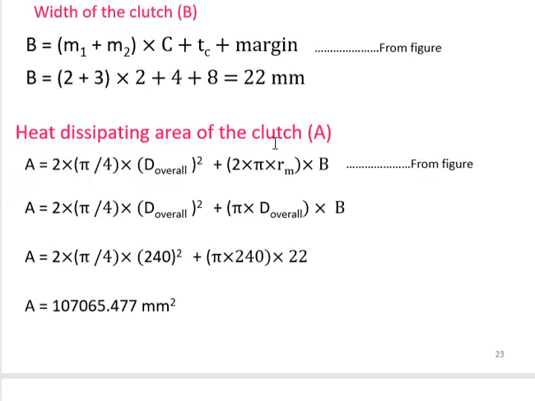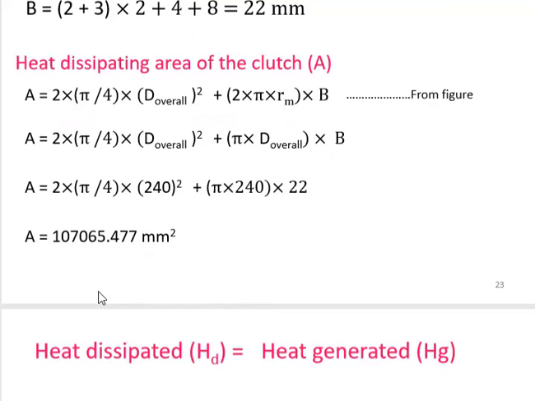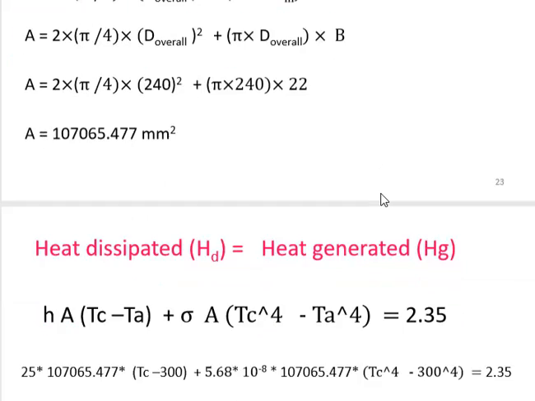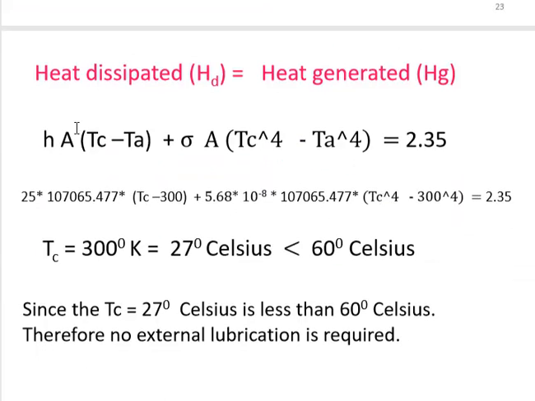Heat dissipating area of the clutch A can be given as follows. You know the width and you know d overall, so the area is calculated. It comes around 107065.477 mm square. Now I'll try to equate heat dissipated and heat generated.